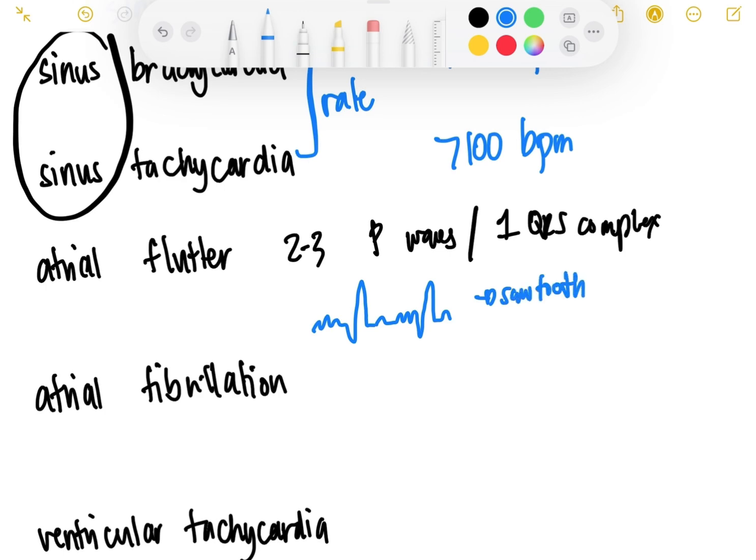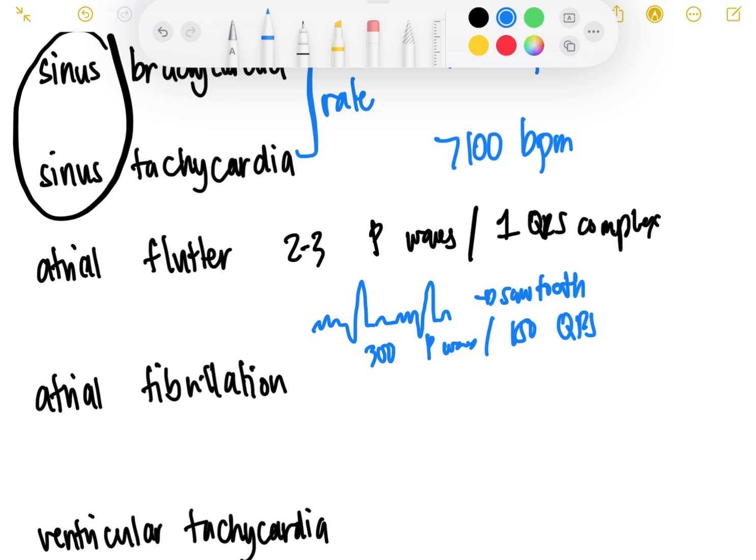Para siyang lagari, because there are 2 to 3 P waves every 1 QRS complex. This can reach up to 300 P waves every 150 na QRS. Yun ang ating atrial flutter or yung sawtooth pattern. Maraming P wave and every isang QRS complex.